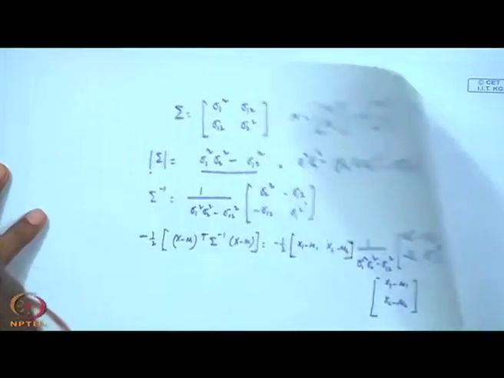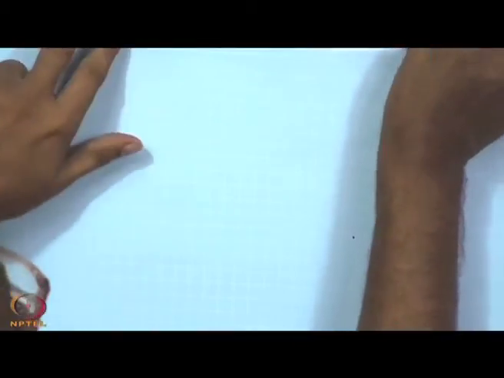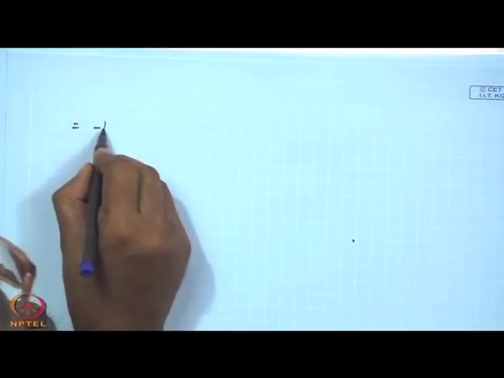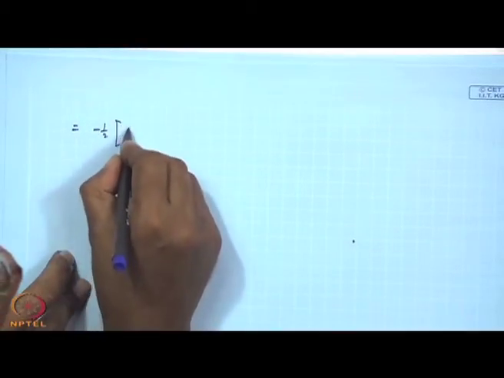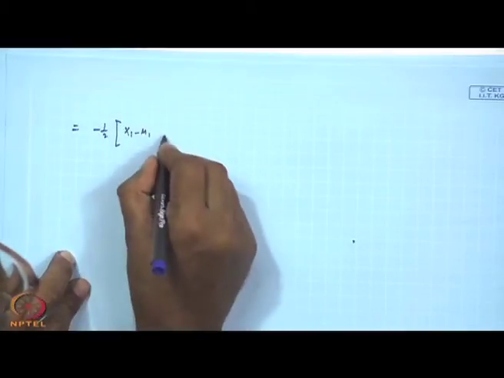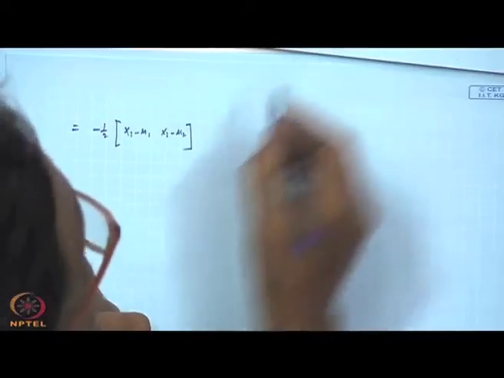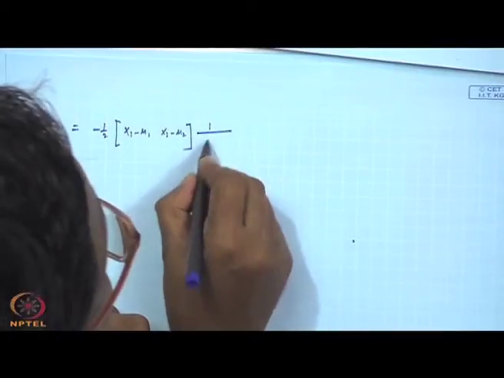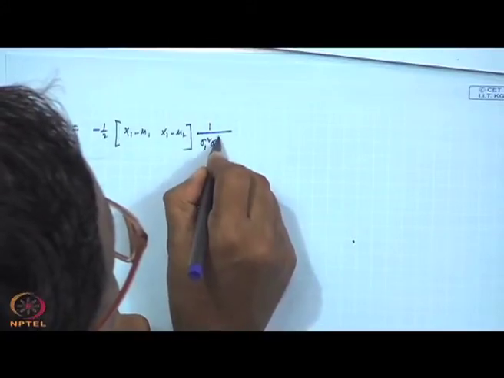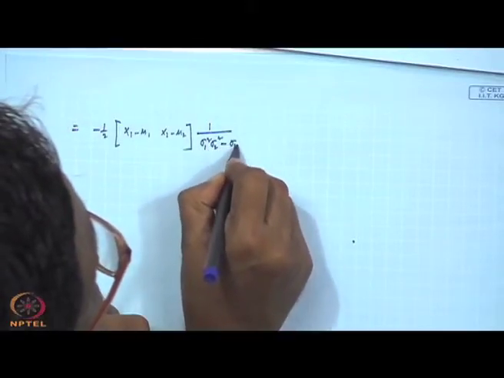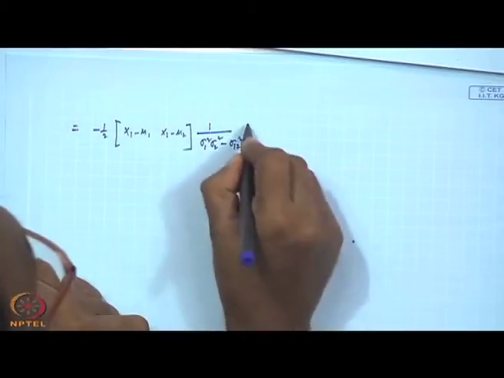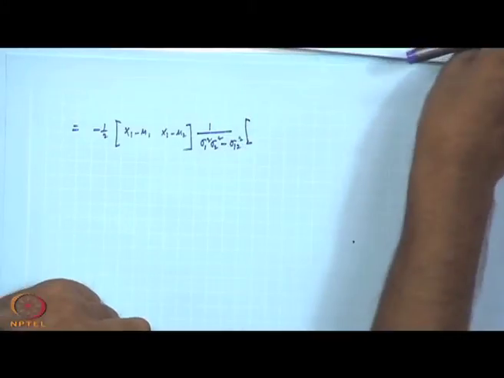So if you further manipulate, what will happen? This equals minus half (x1 minus mu1, x2 minus mu2). Then I want to multiply the last two parts, so I am writing like this: 1 by sigma 1 square sigma 2 square minus sigma 12 square, into this one.